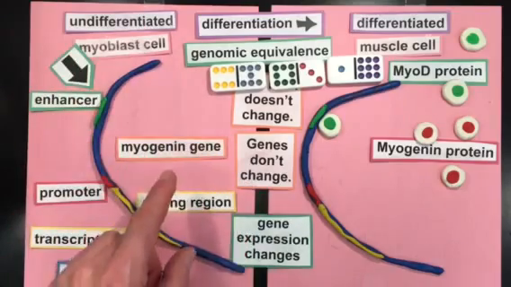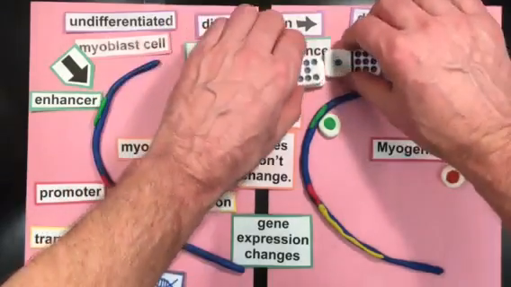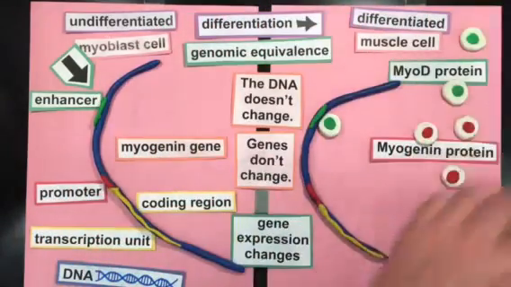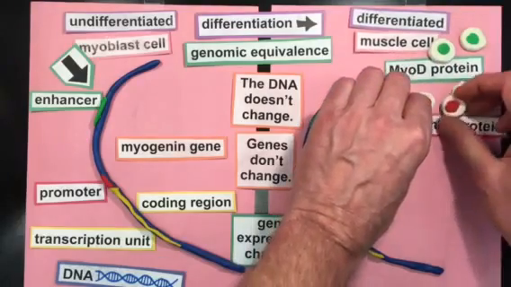The precursor cells have all these genes, but the genes are not active. Now let's take a step back and look at the activation of the myogenin gene by MyoD.